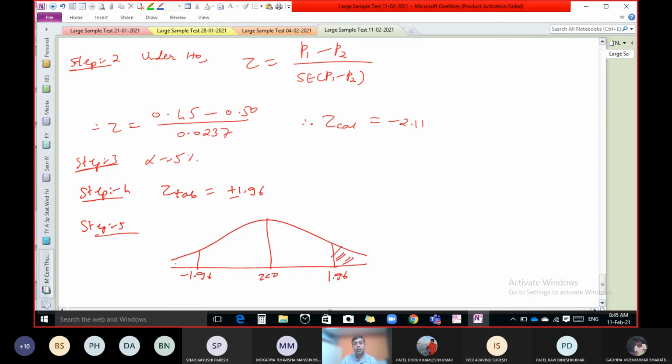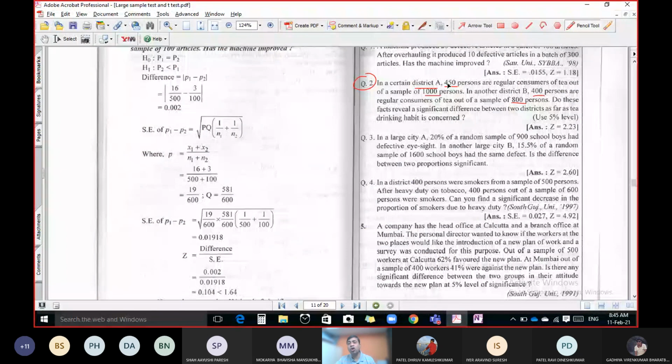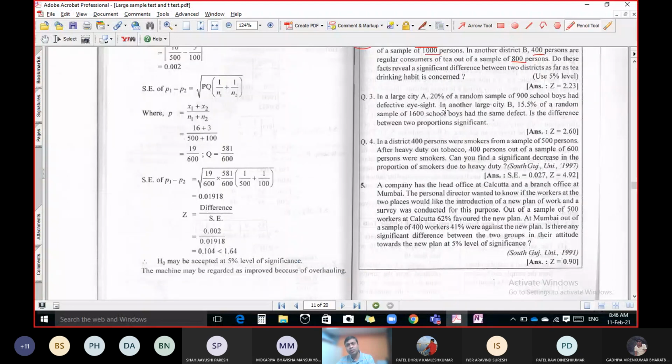These are the rejection areas, and my value of Z cal is minus 2.11. So H naught is rejected, that is, H1 is accepted, P1 is not equal to P2. So we can say that there is a significant difference, meaning the difference is not small. There is a significant difference in the proportion of tea drinkers in the cities. That is the conclusion. So that is the way to solve this type of question.